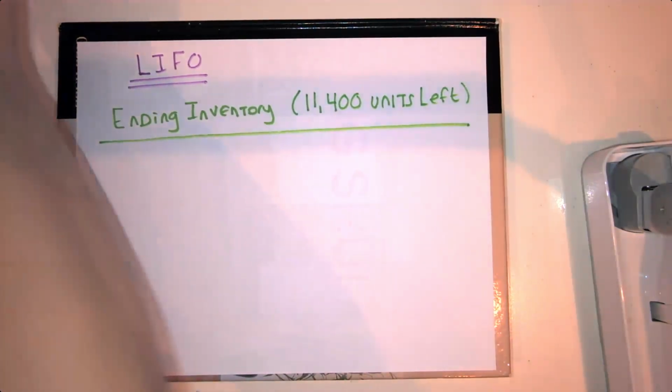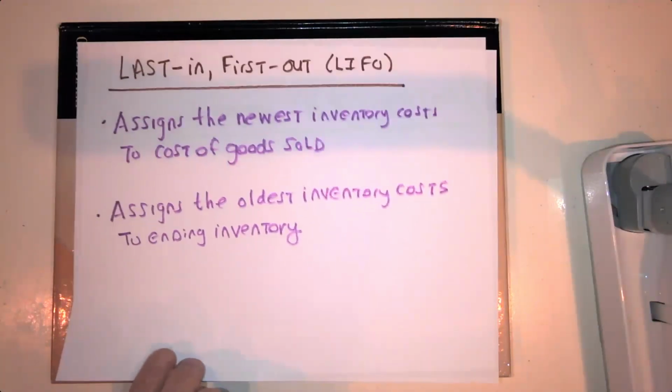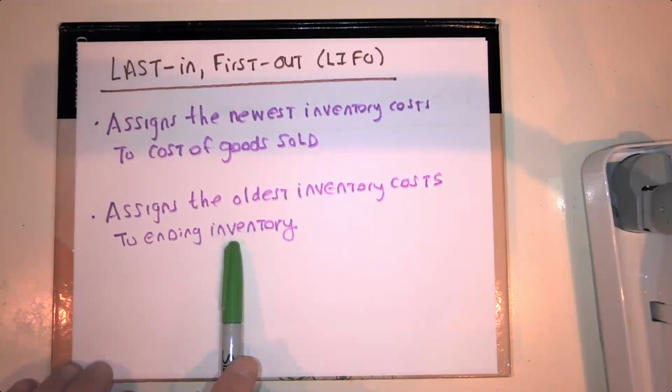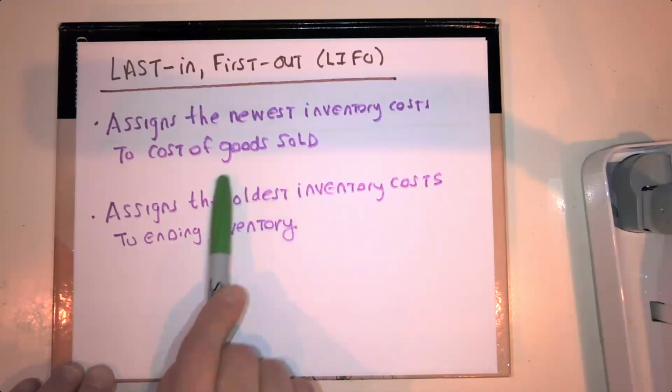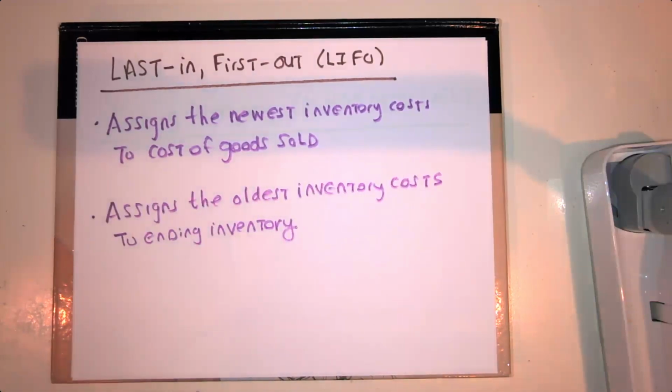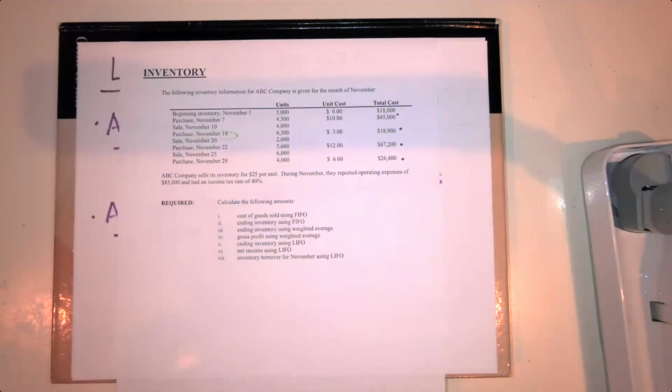But under LIFO, the ending inventory is made up of the oldest inventory costs. Connor, in our problem, what would be the oldest inventory cost that we've got?